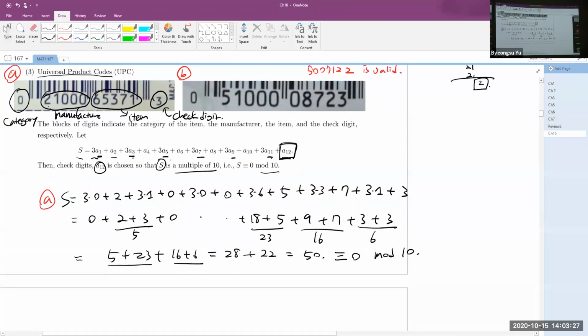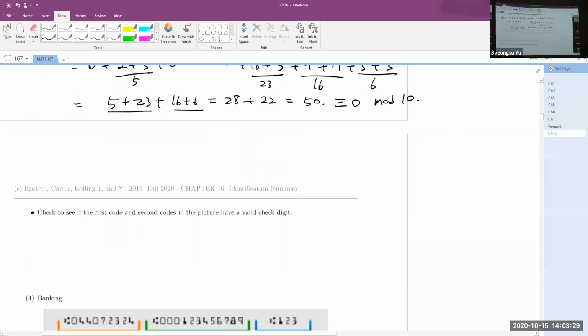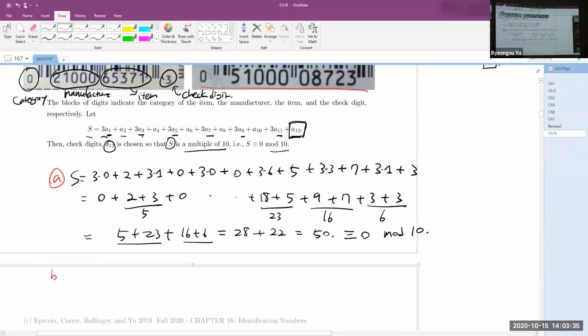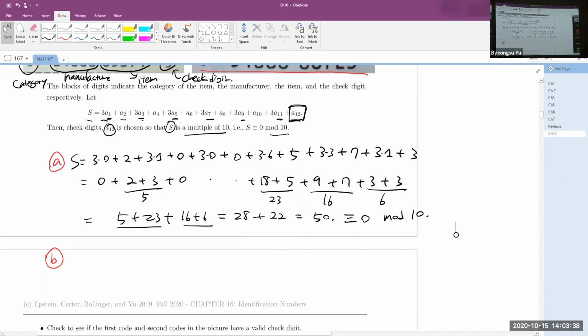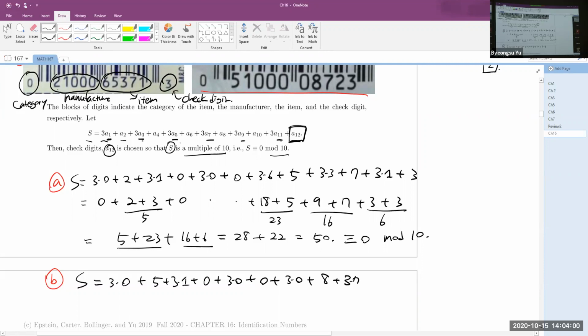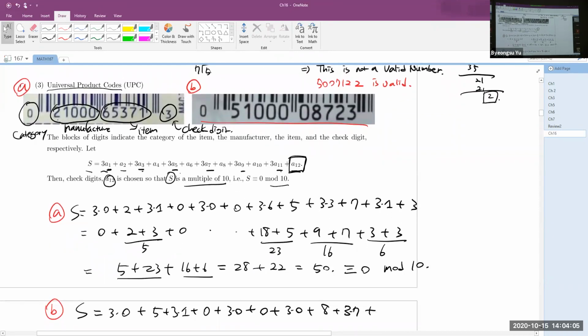And you can do the same thing for this number. So these are our examples here. So this one, B, you can calculate S as usual. So it is 3 times 0 plus 5 plus 3 times 1 plus 0 plus 3 times 0 plus 0 plus 3 times 0 plus 8 plus 3 times 7 plus 2.